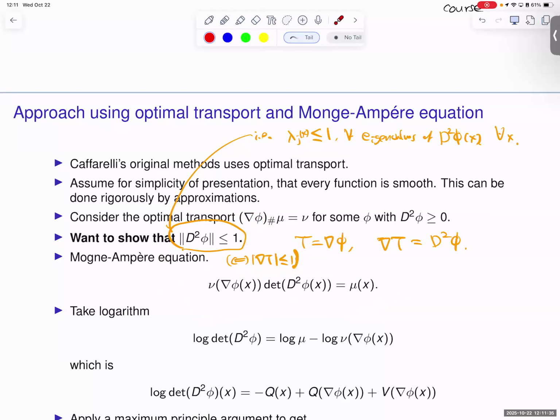Okay, now mu was e to the minus q, and nu was e to the minus q minus b. We take the logarithm of this equation. Then you have log of determinant Hessian. This one is e to the minus this, so you can bring it to the right.